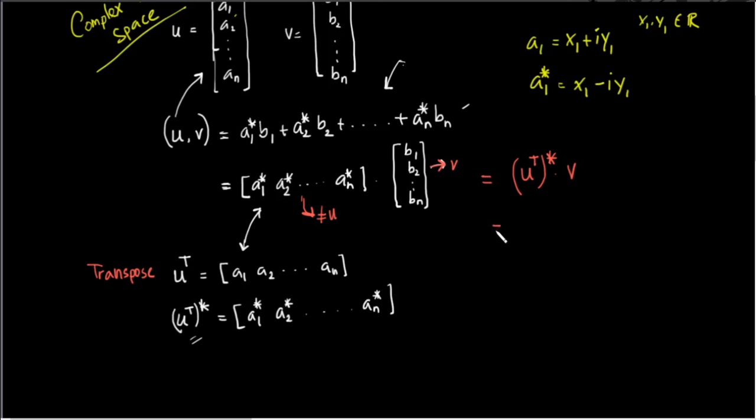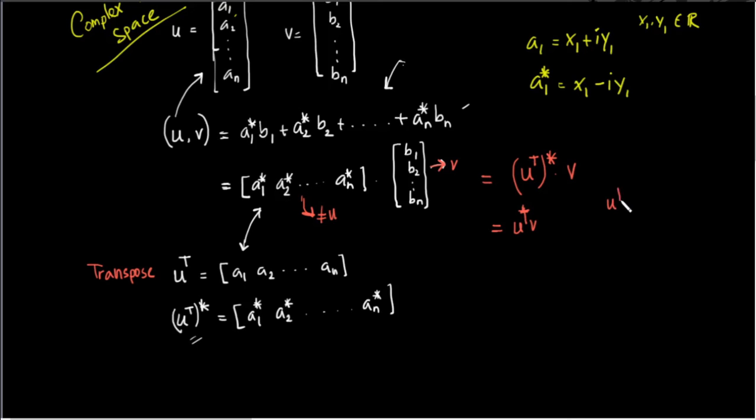We call this the dagger operation. We will write this as U dagger. This is like a small knife or something. U dagger V. So what does dagger represent?